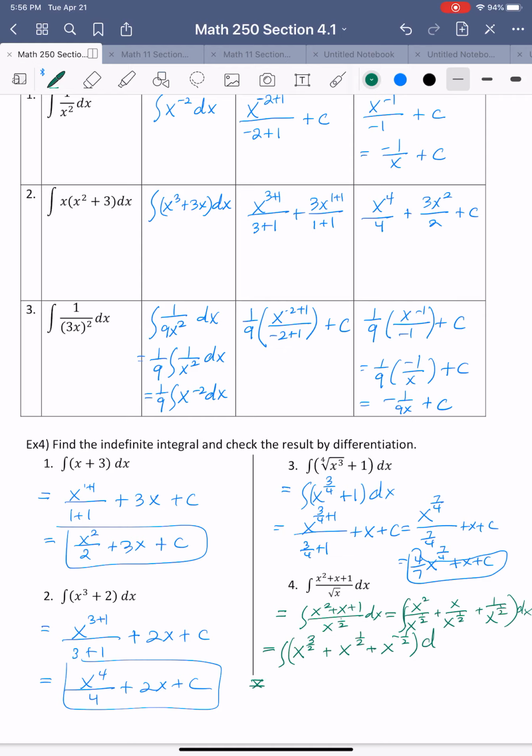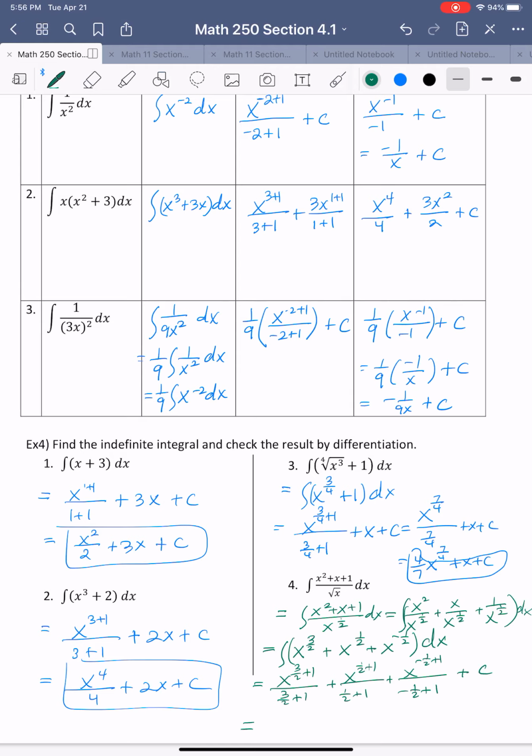If you use the power rule, you get x to the 3 over 2 plus 1 over 3 over 2 plus 1, then x to the 1/2 plus 1 over 1/2 plus 1, and then x to the negative 1/2 plus 1 over negative 1/2 plus 1, and plus c.